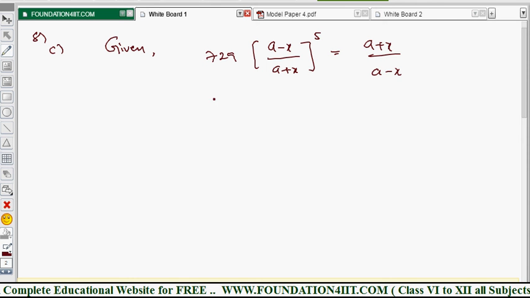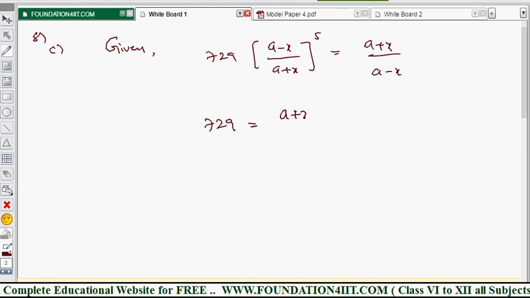So we need to solve this. We know that 729 is 3 power 6. Then take all the terms to the other side. 729 is as it is itself. (a minus x by a plus x) whole power 5, take to the other side.